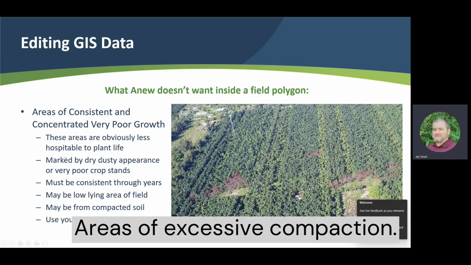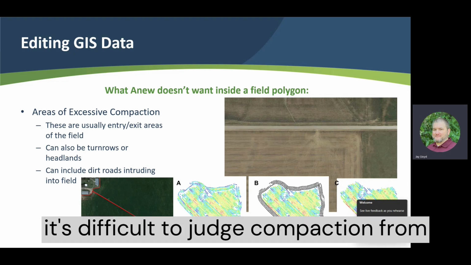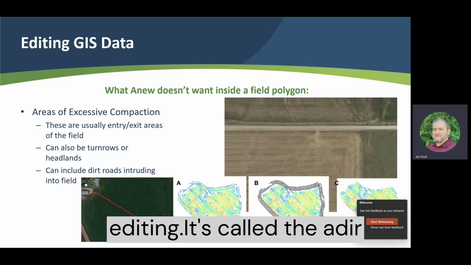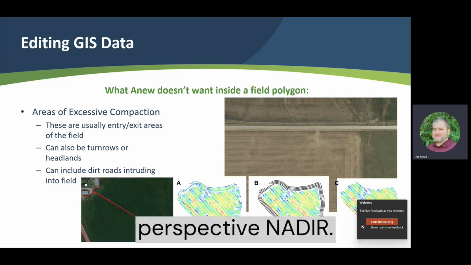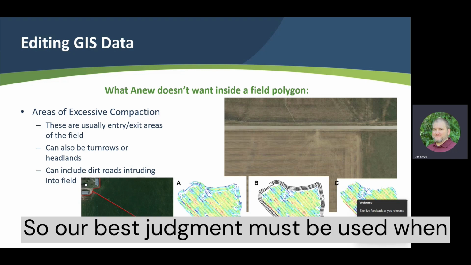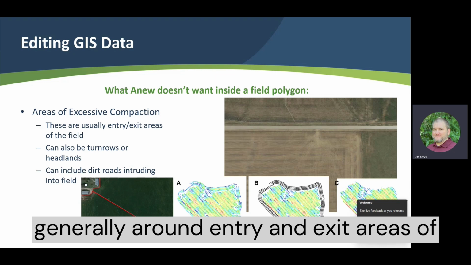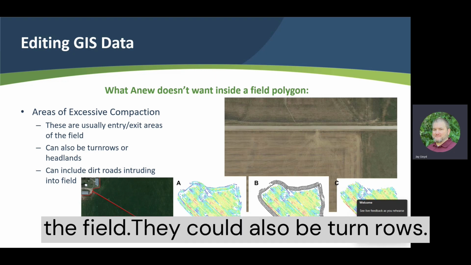Areas of excessive compaction. Lots of areas can get compacted, and it's difficult to judge compaction from the overhead view that we have when editing. That's called the nadir perspective, NADIR. So our best judgment must be used when we remove them. They're generally around entry and exit areas of the field.